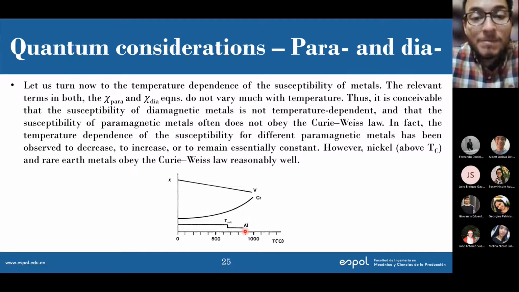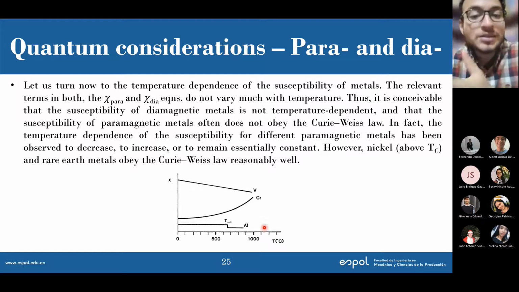So, for metals, there's not really a clear dependence. In some metals like vanadium, it decreases. In some metals like chromium, it increases. In other metals, it remains constant.